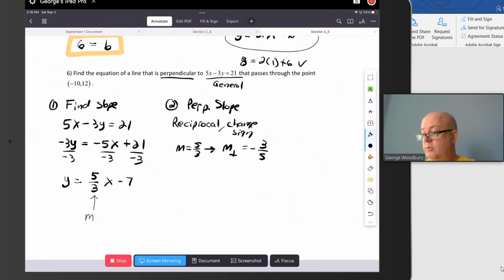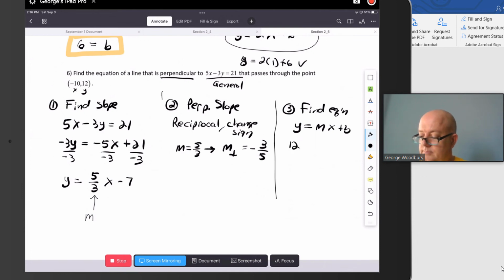All right, so I've got a slope, and I've got a point, negative 10, 12. I can go to the slope-intercept form to find the equation. Let's write the formula first. y equals mx plus b. y is 12, equals m is negative 3/5, x is negative 10, plus b. A negative times a negative is positive. 5 goes into 10 twice.